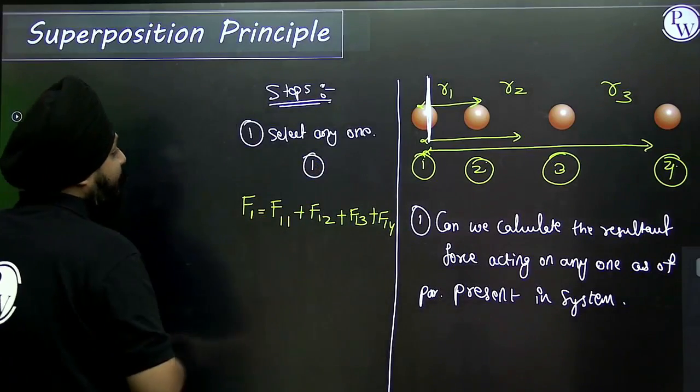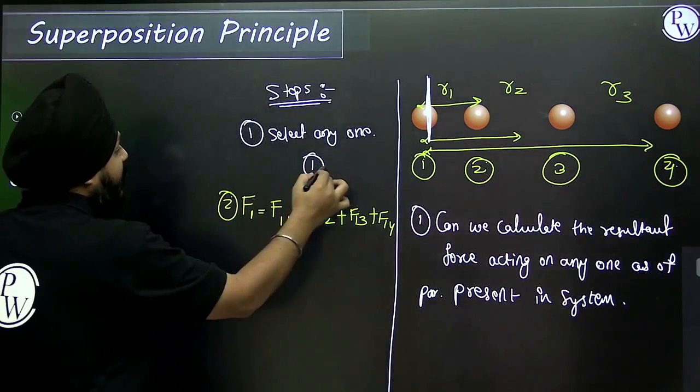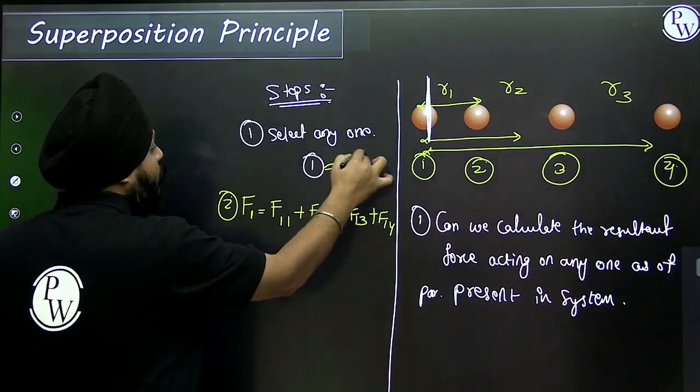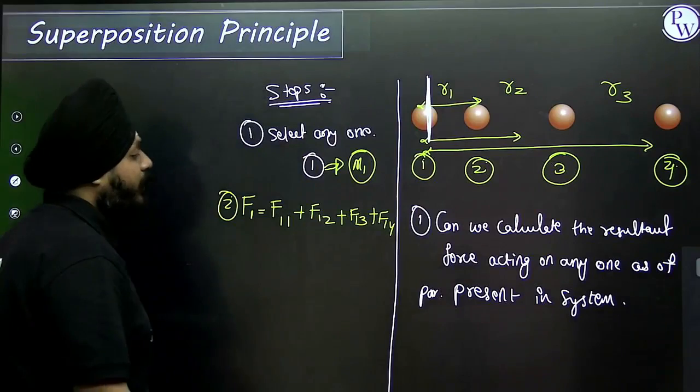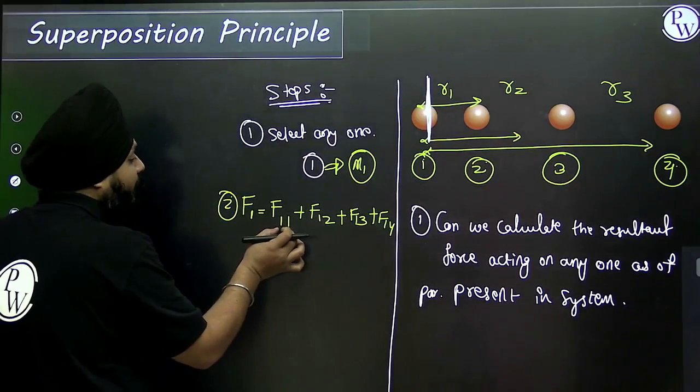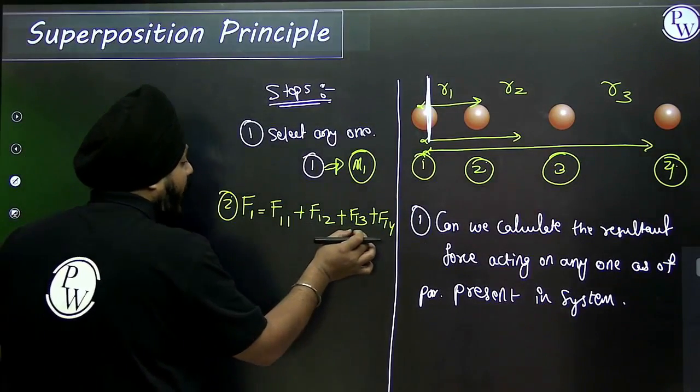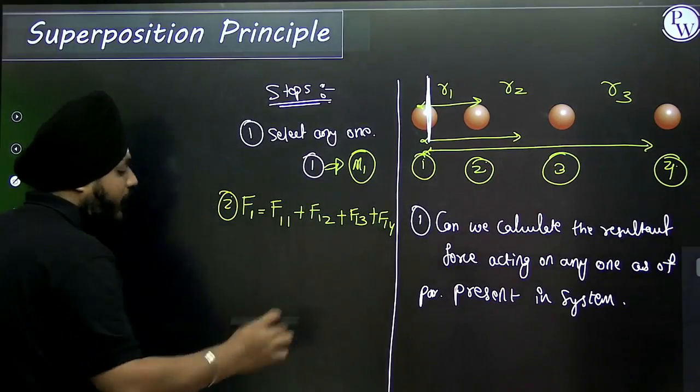Suppose we selected, step 1, the mass M1. The resultant force on M1 as because of the remaining particles we need to calculate. So it's F1 because of 1, F1 because of 2, F1 because of 3, and F1 because of 4.